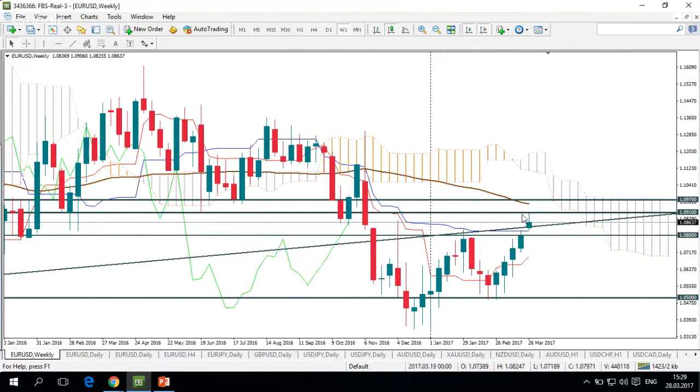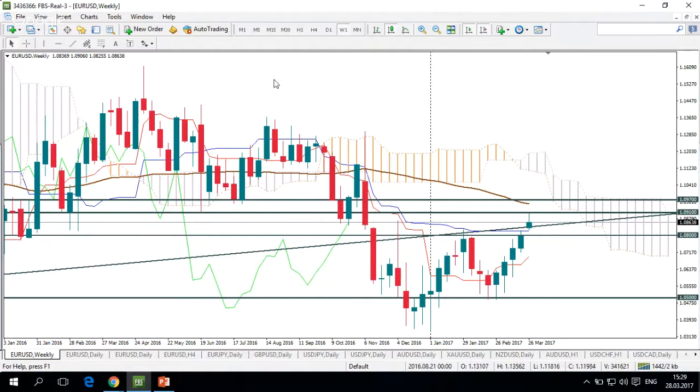Looking at the weekly chart, we can see that our first target at 1.0910 has almost been hit by the pair, and that there is some possibility for the single currency to strengthen more, to test the 50-day moving average at 1.0950.